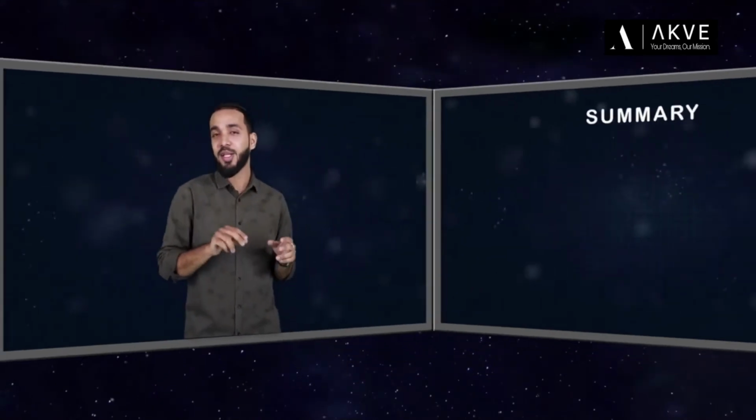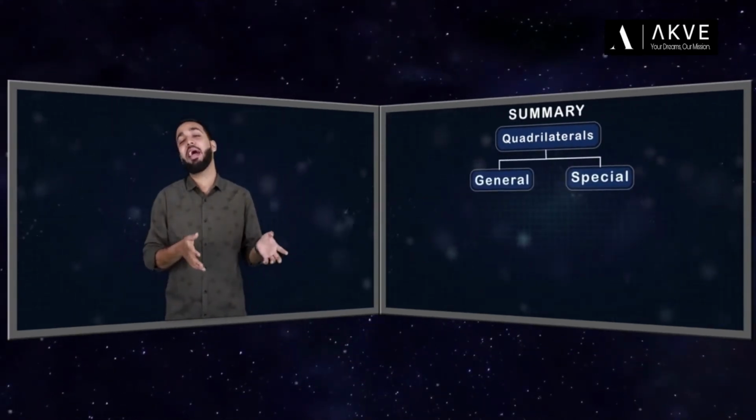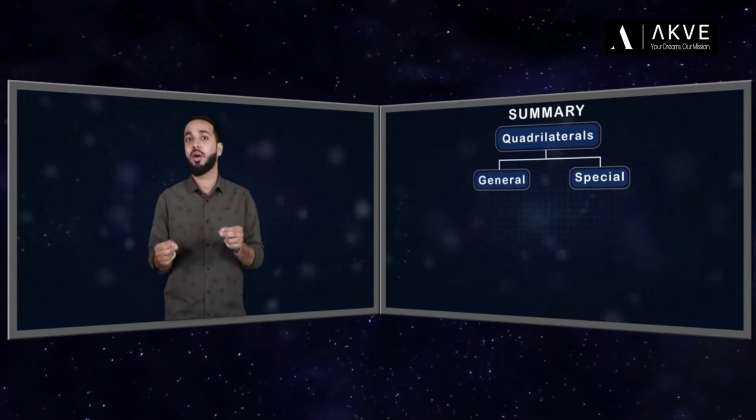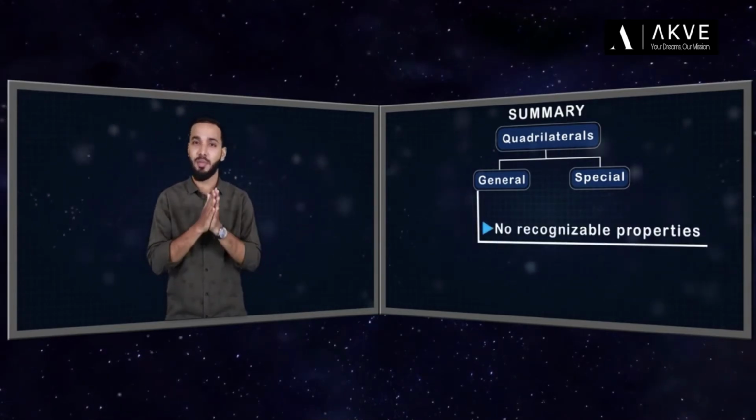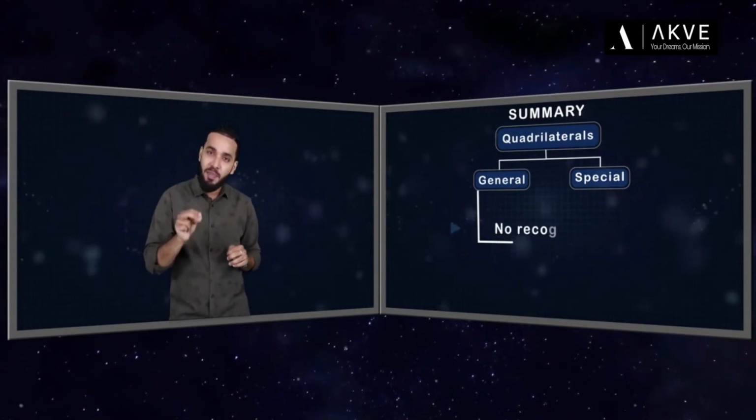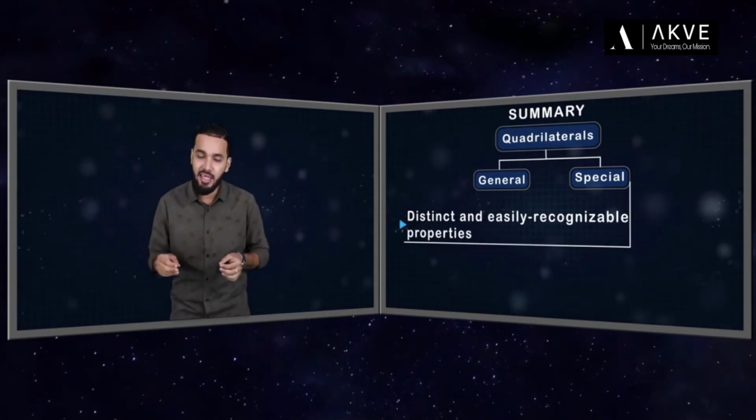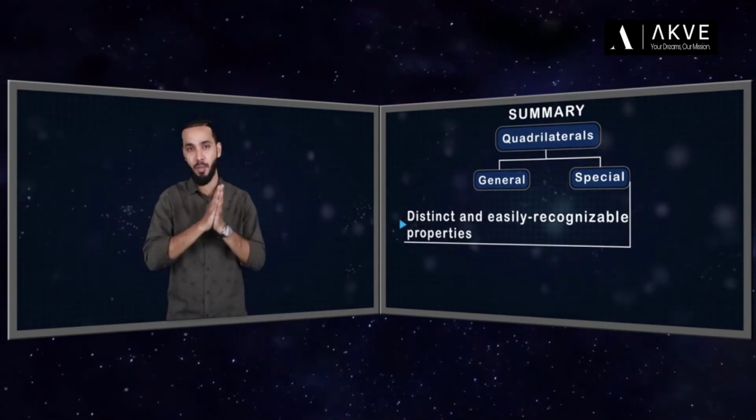So, in this video, we discussed the different types of quadrilaterals and what differentiates one from the other. We saw that quadrilaterals can be general and they can even be special. General quadrilaterals have no recognizable properties, whereas special quadrilaterals have distinct and easily recognizable properties.